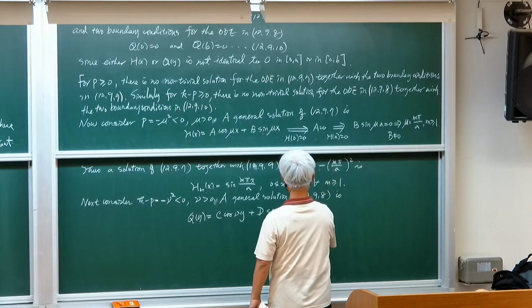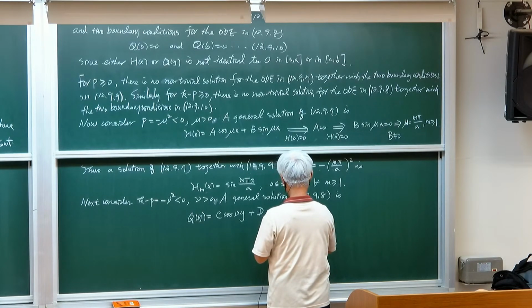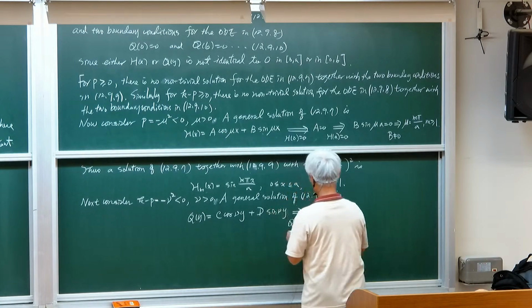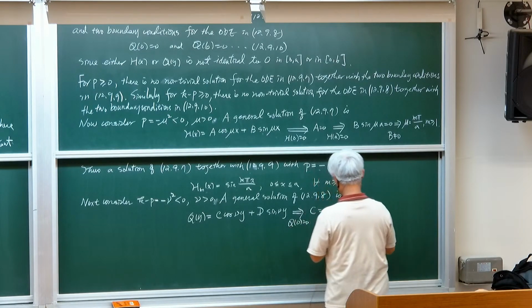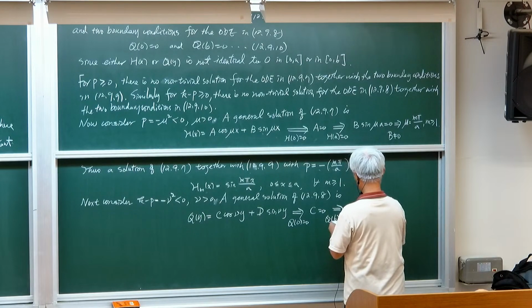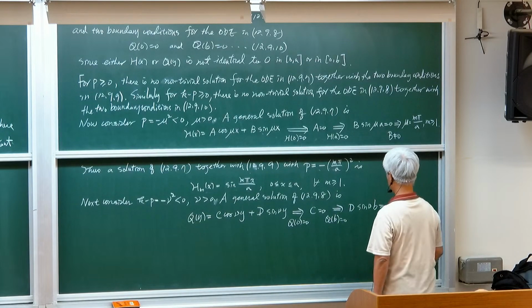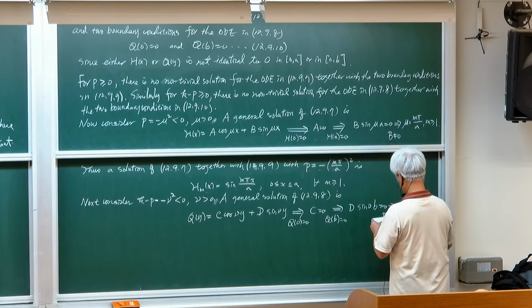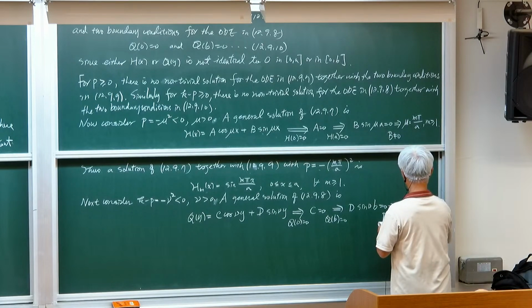Okay, and so q of 0 is 0 implies that c is 0, and q of b equal to 0 implies that d sine nu b equals 0, and d not equal to 0 implies nu is equal to n pi divided by b for n greater than or equal to 1.